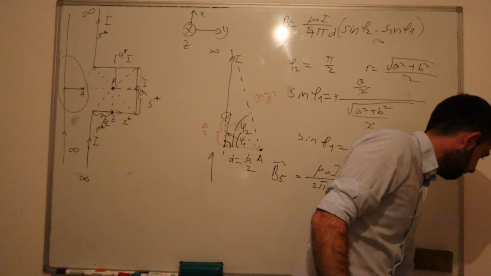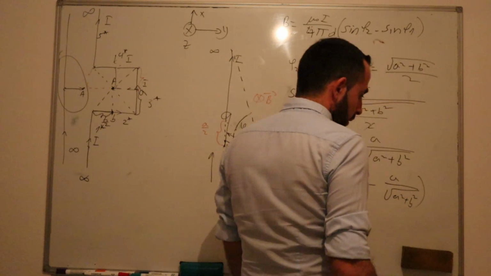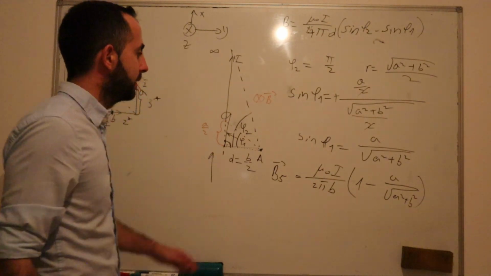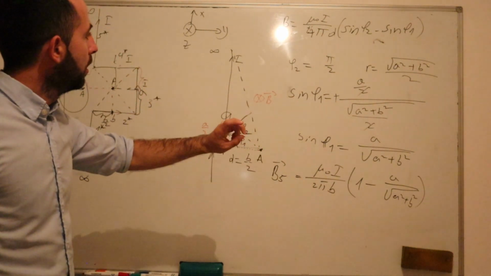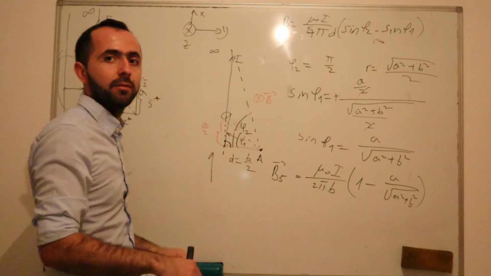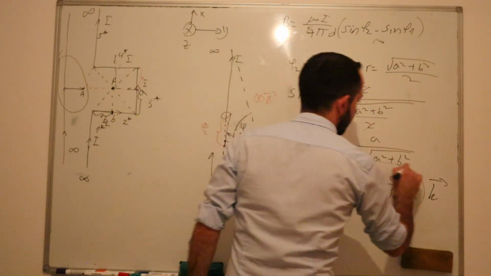Let's check. If we want to write it as a vector, we can see its direction is in the same direction as the positive part of the axis, so it is plus k.